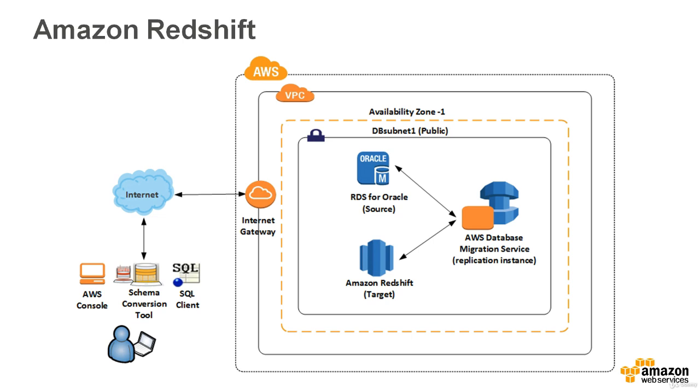For example, if you are migrating your data from RDS for Oracle or for MySQL or for any other thing, you can migrate your data from RDS to Redshift using the Database Migration Service of Amazon. It simply migrates your data. Or in the reverse process, you can migrate your data from Redshift to RDS or another form of database.